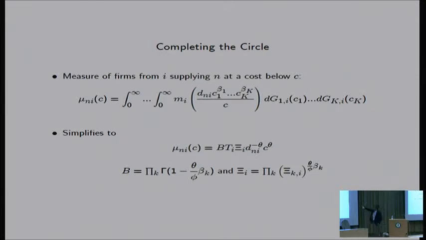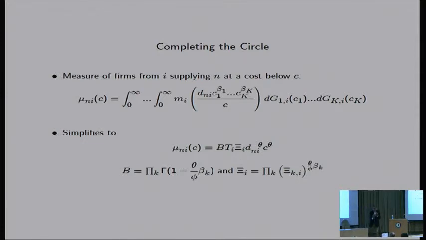And the way to do that is to say, well, what is the measure of firms from country i that can deliver at a cost less than C? It's the integral over all the different tasks of the measure of firms who, given a cost of inputs, can deliver at a cost less than C, and then we have to integrate over these cost distributions which we derived, the G's. Well, we got a fairly simple formula for them, and it turns out that allows you to perform this integration, and you get this term here, the middle term here from UNIFC.